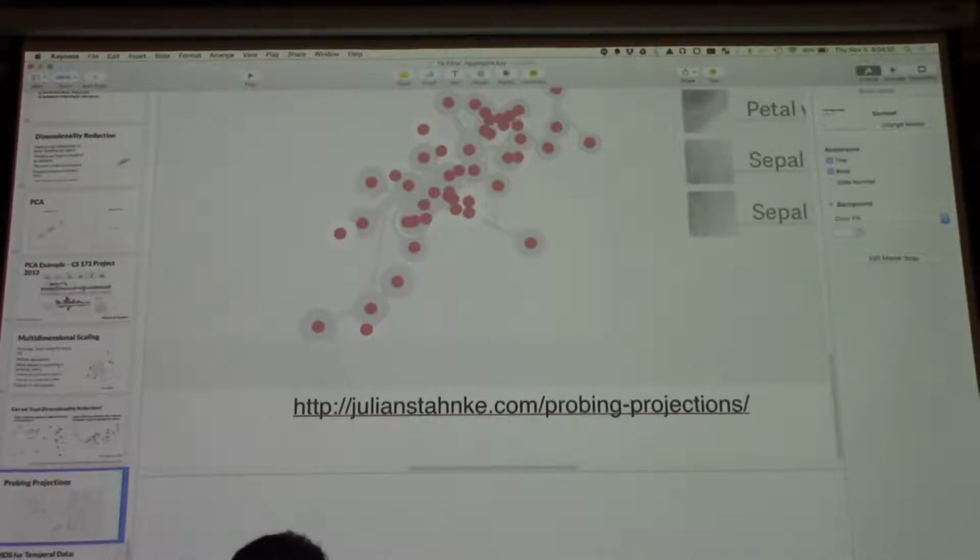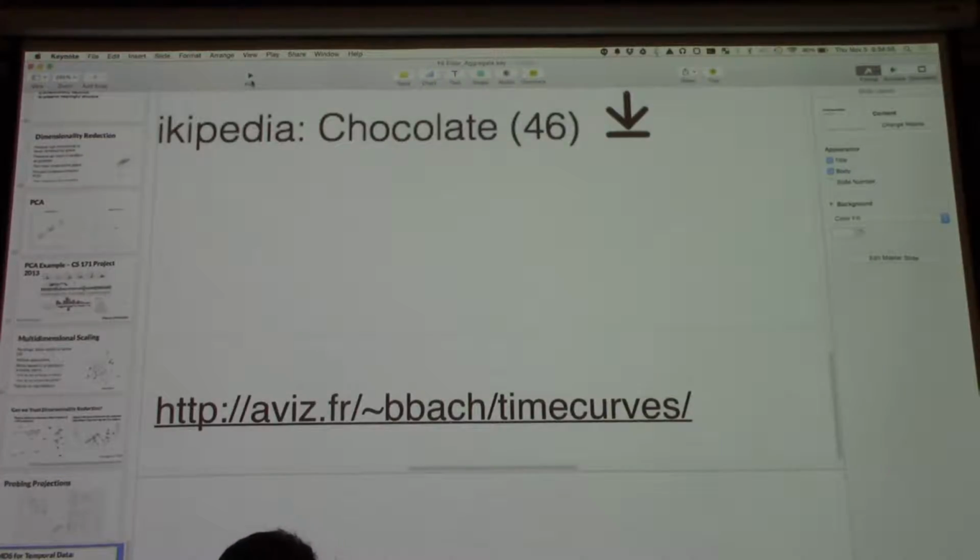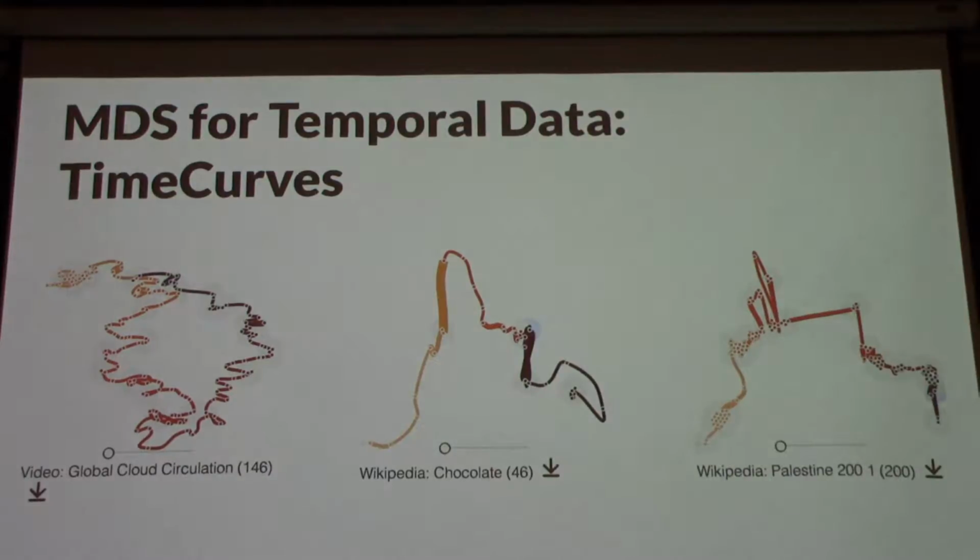Okay. Another really interesting technique that we saw last week in Chicago is also with multidimensional scaling for temporal data. They call it time curves, and the idea here is that you take time points, for example, weather data, and instead of just showing them in a linear fashion, you're actually more interested in how similar today's weather is to the weather 3 weeks ago, and it probably isn't, since it's snowing for the first time.